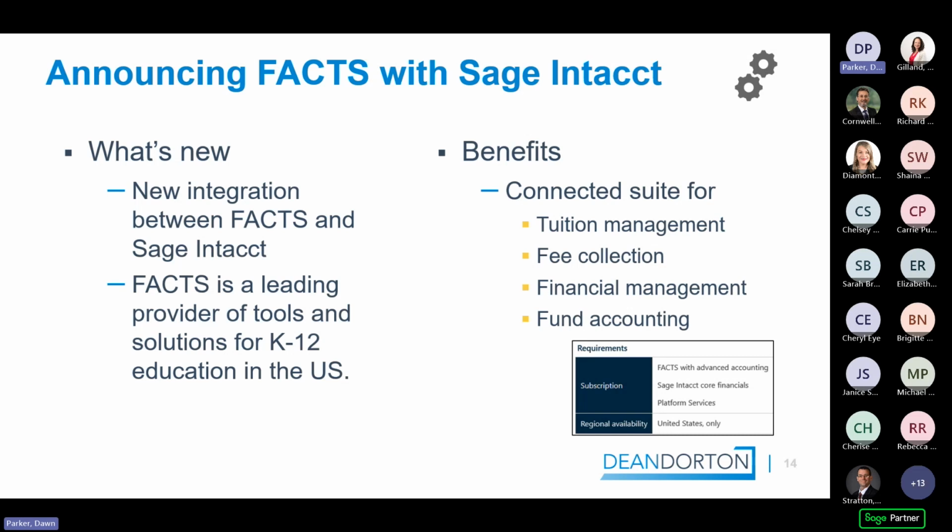FACTS is the leading provider of tools and solutions for K-12 schools in the U.S. But this connected suite allows you to connect your tuition and your fees and financial management right with your fund accounting in Sage Intacct. So that's a direct integration that our clients that are K-12 schools are quite excited about.